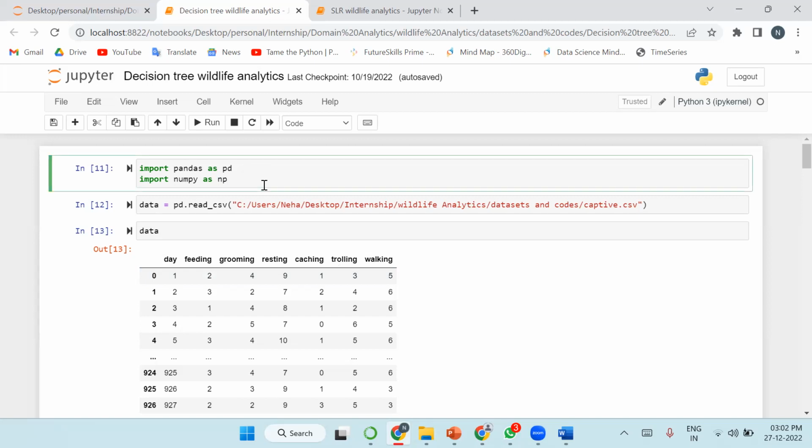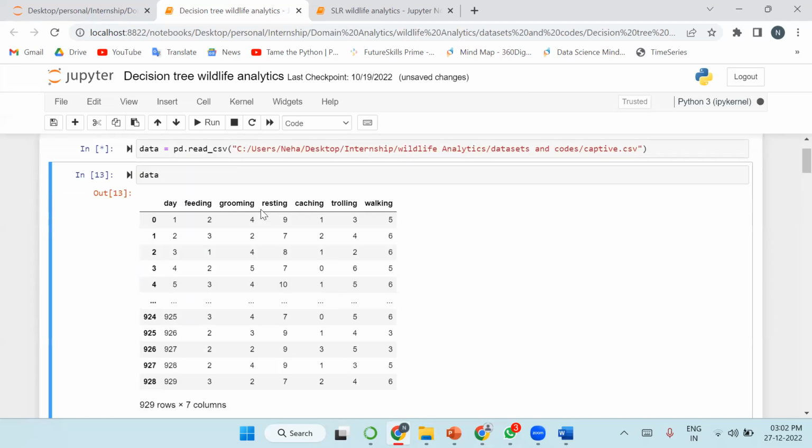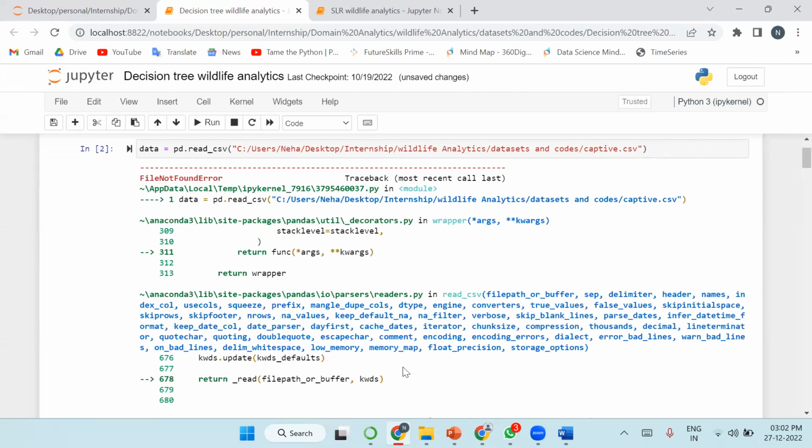So first, we will import the necessary libraries, that is pandas and numpy, and we will read the data.